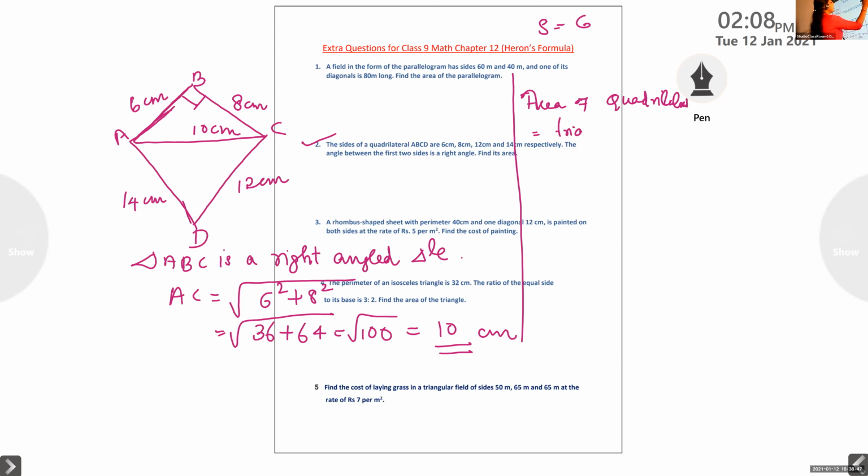Triangle 1 plus triangle 2. Since the measurements are different, you can find separately and add. Measurements are different, you cannot multiply it by 2.